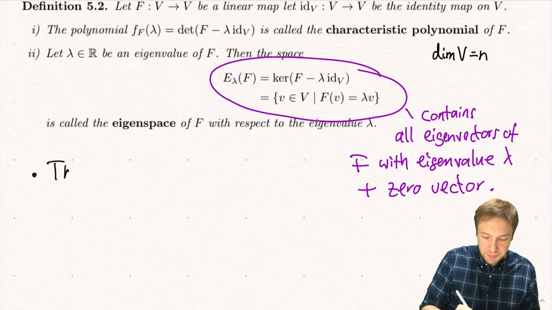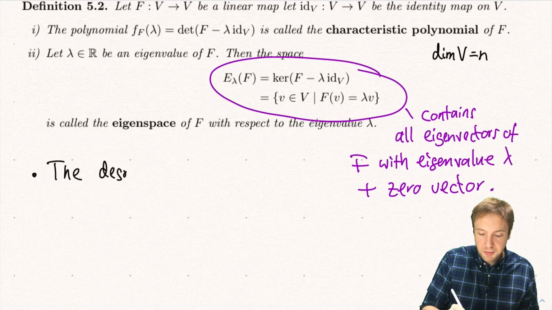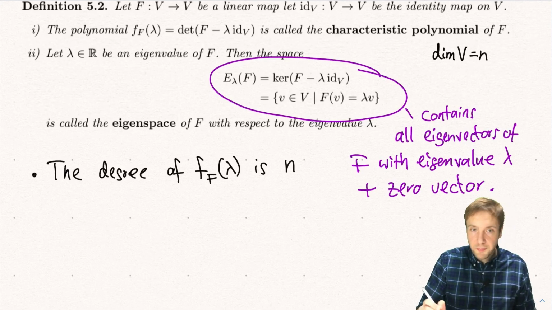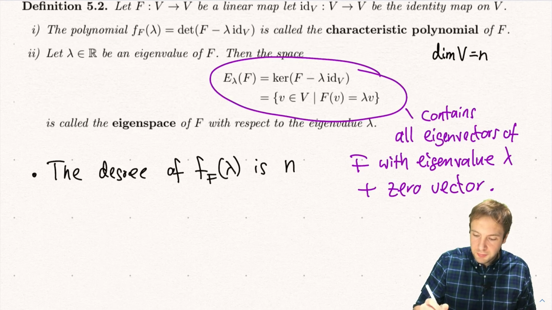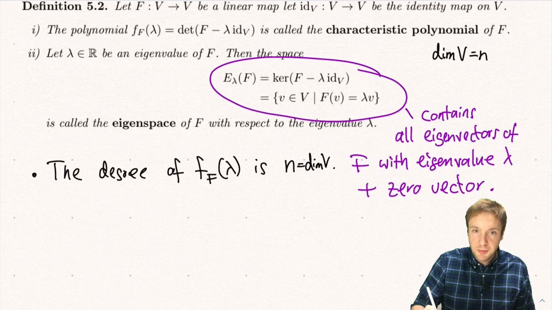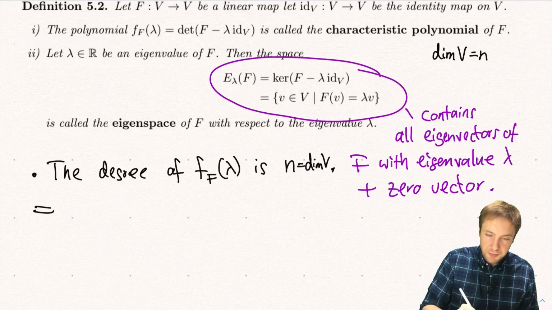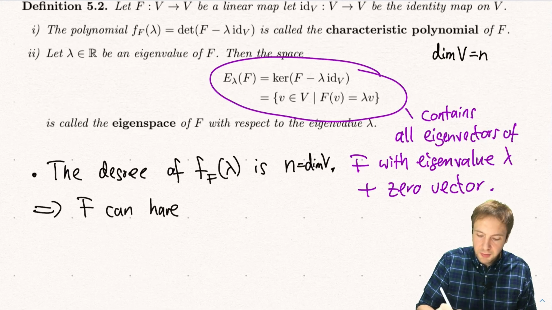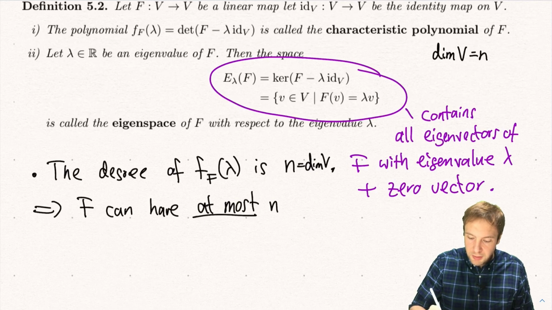So the degree of this characteristic polynomial is n, the dimension of V, and this means f can have at most n different eigenvalues.